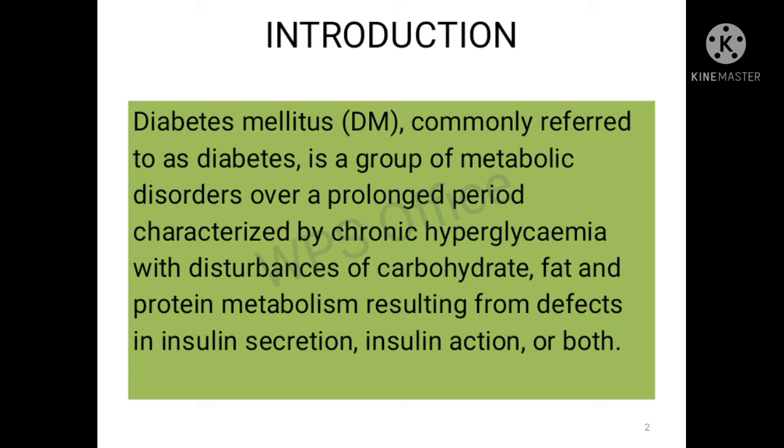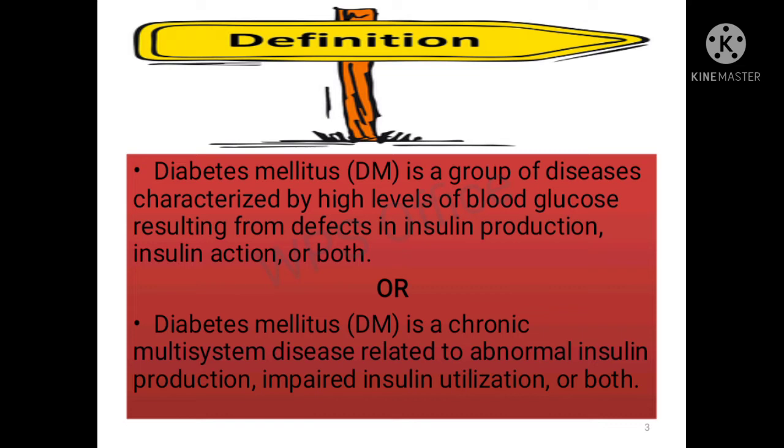It may be due to a defect in the secretion of insulin, or due to the action of insulin, or both. In the definition, diabetes mellitus is a group of diseases characterized by high levels of blood glucose resulting from defects in insulin production, insulin action, or both.